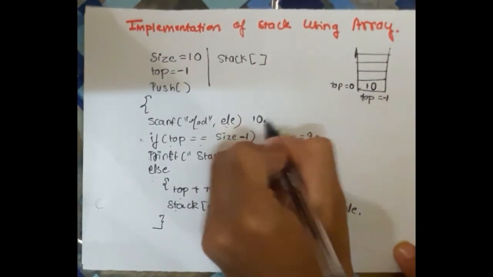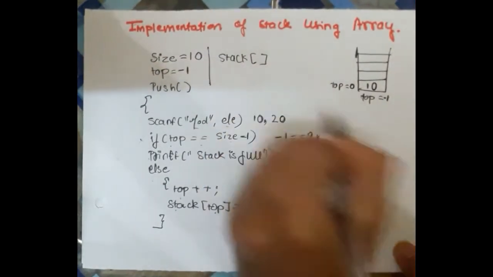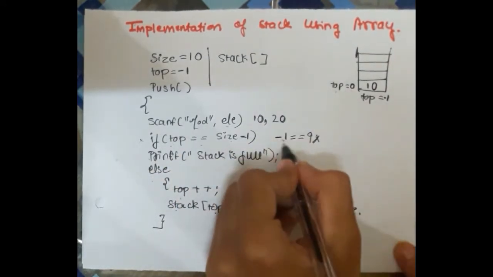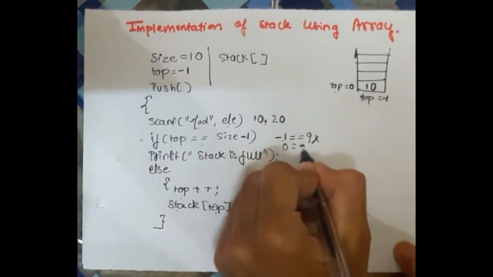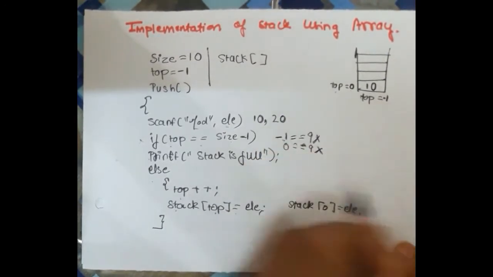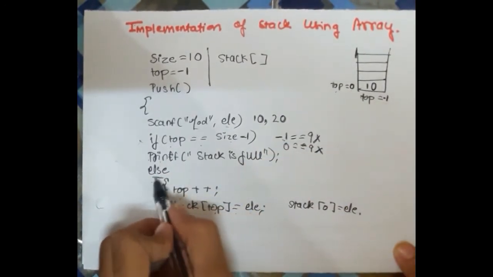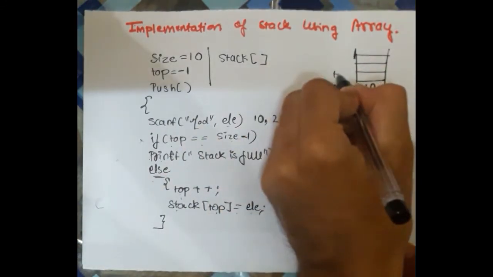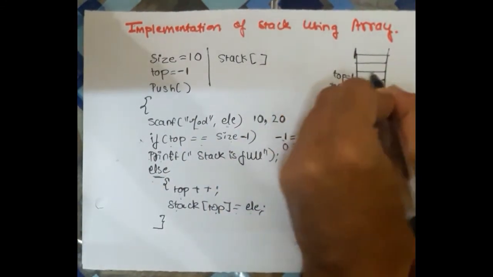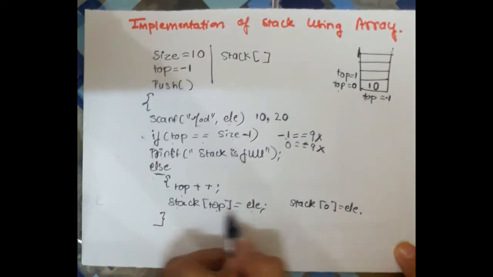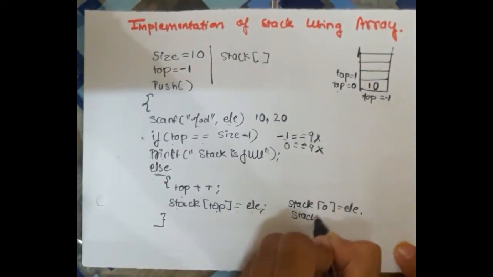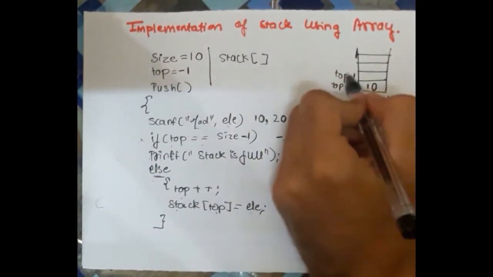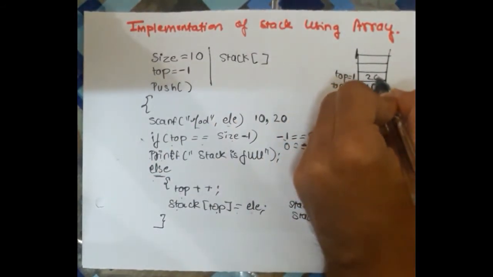Now suppose we want to insert 20 into this stack. Now top is at 0. So is 0 equal to 9? No, the condition is false. So it will go into the else part. Top plus plus. Again top will be incremented. Now top will be at 1 at this position. And stack of top equals element, stack of 1 equals element. So at this position 20 will be inserted.